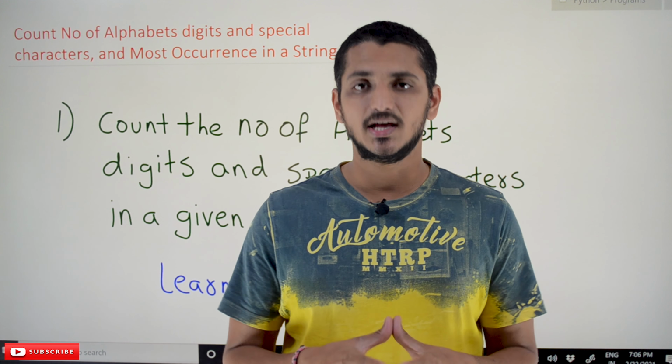If x is greater than or equal to character A, here x means we are taking the first character and placing it in a variable called x. Here we are comparing two characters. How they get compared, that point you have to understand. That will help you a lot.